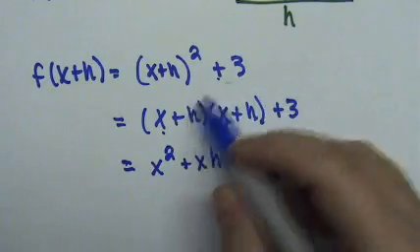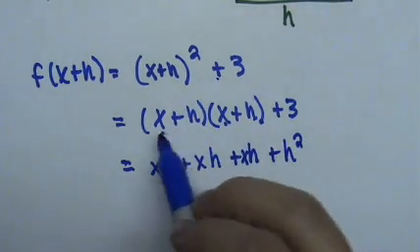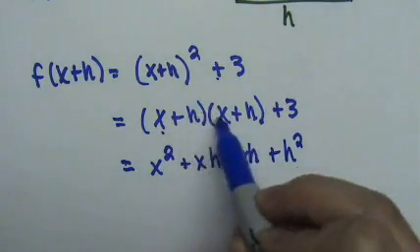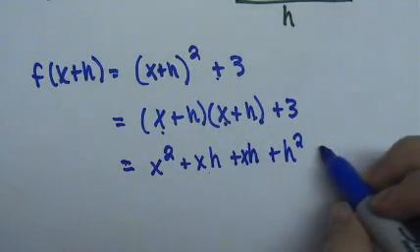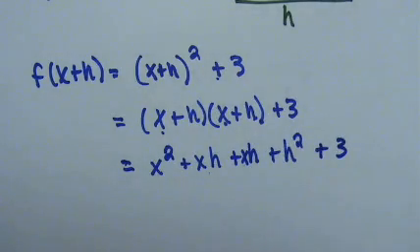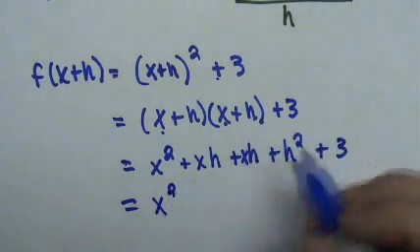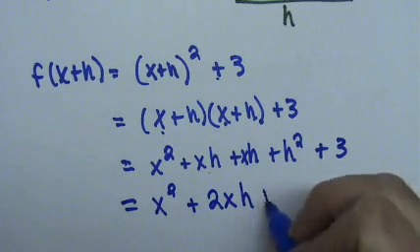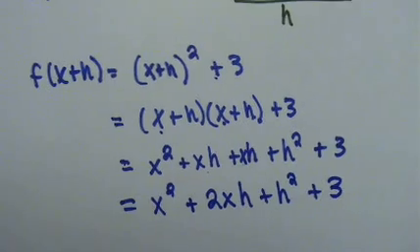And then the last terms, you get an h squared. First, outer, inner, last. And then, of course, this plus 3 is still there. So you get x squared, we have two of these xh terms, the h squared, and then the plus 3.